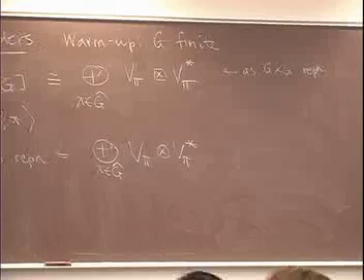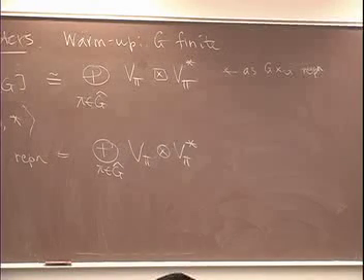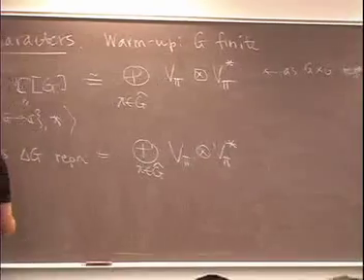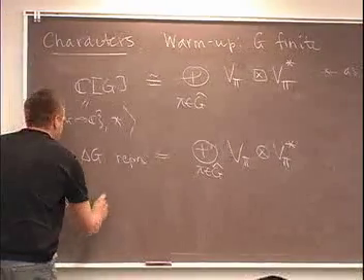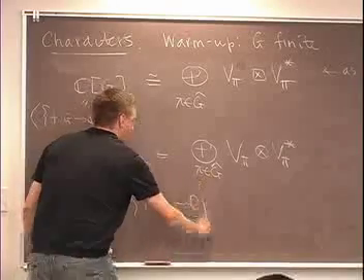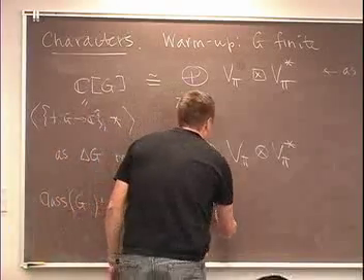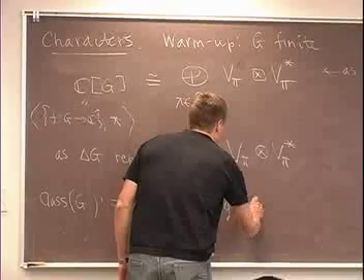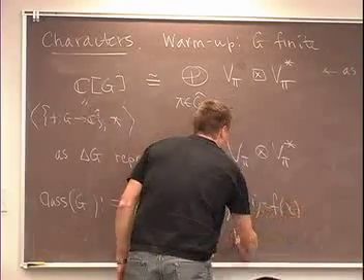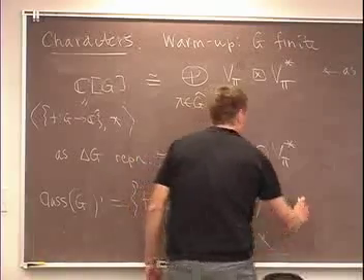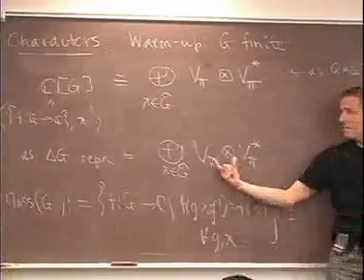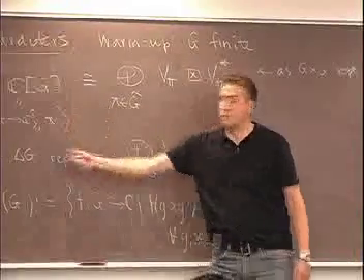And let's see, so we're interested in class functions. Class functions on G, which were by definition functions that were invariant under conjugation. According to this decomposition, a class function is just a function on G that's invariant for the diagonal action.